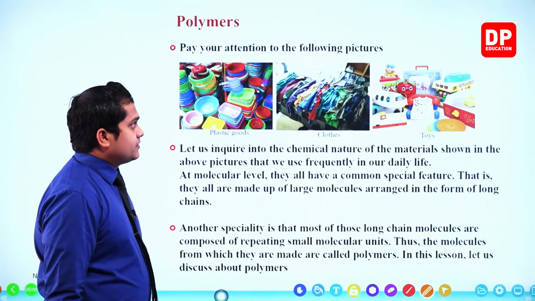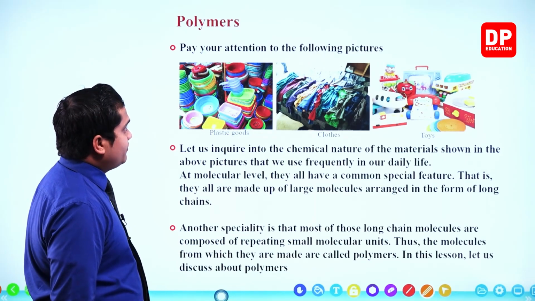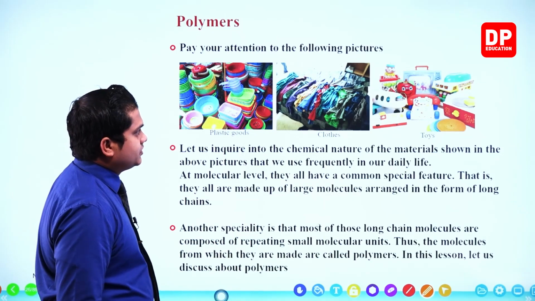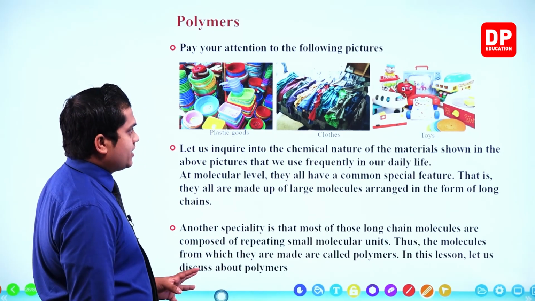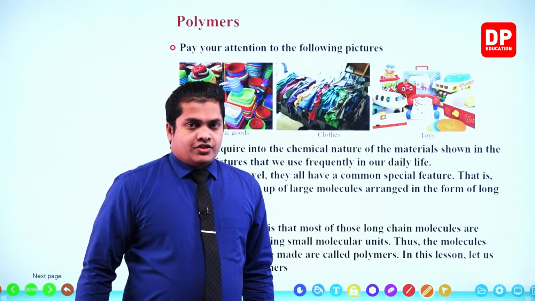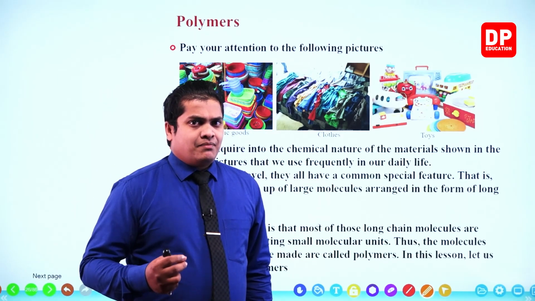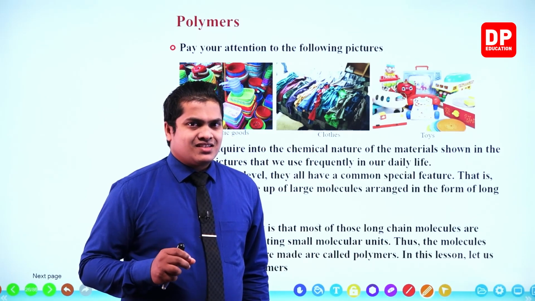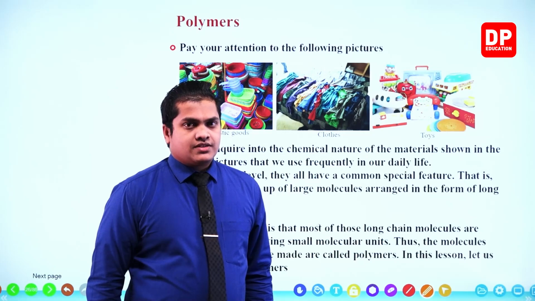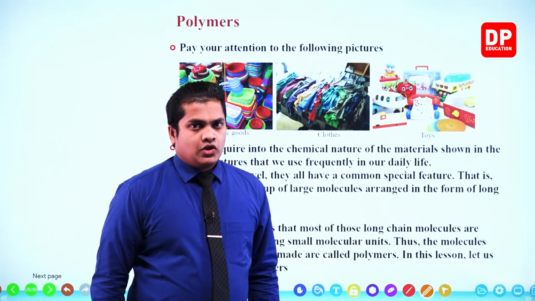So, polymers. Pay your attention to the following pictures. Plastic goods, toys and clothes. When you take these things, my dear children, especially polythene and plastic, these things are made up of polymers.